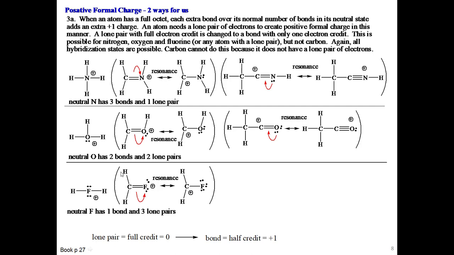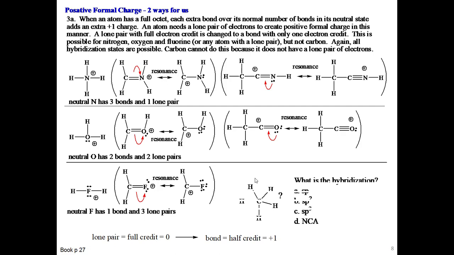So once again, resonance shows how the positive charge is spread over more than 1 atom, or in the previous slide, how negative charge is spread over more than 1 atom. Okay? So in this case, we went from a lone pair that fully belonged to an atom, and then we forced it to make a bond, so it got half credit. So the charge went to +1.